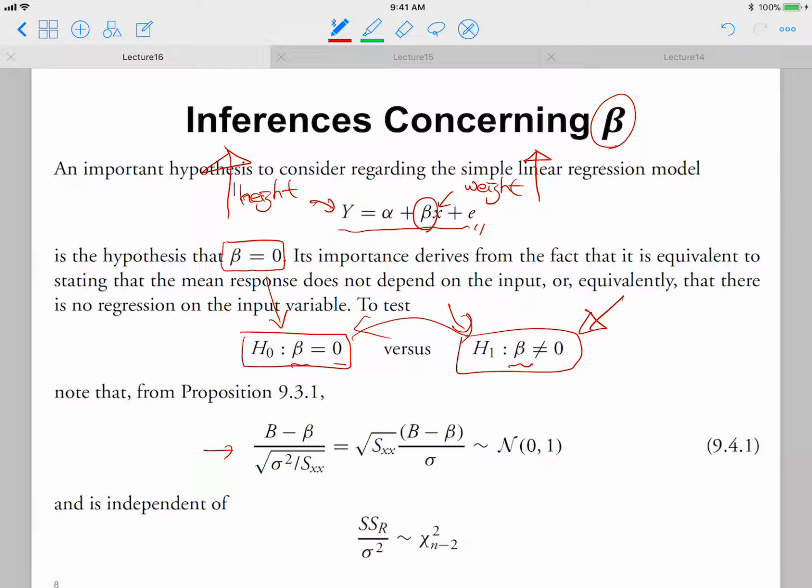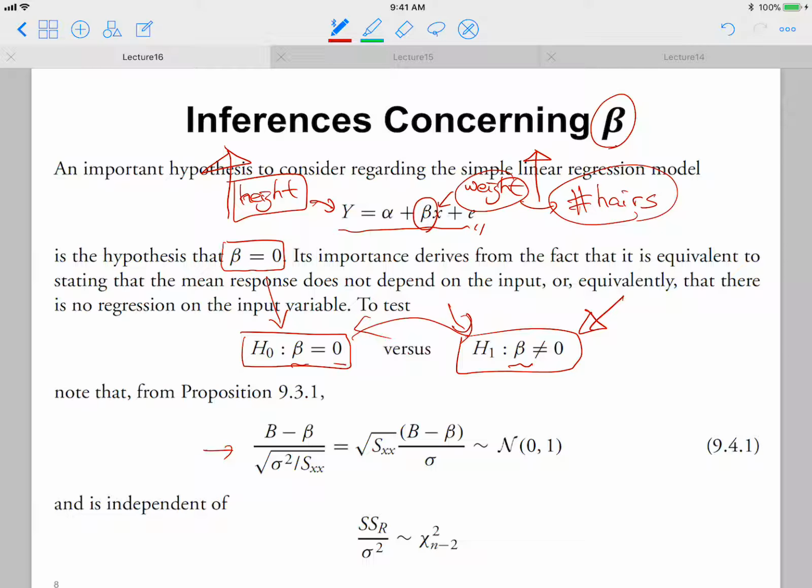But what about this? We still consider height as y, and this as, let's see, the number of hairs, the count of our hairs.